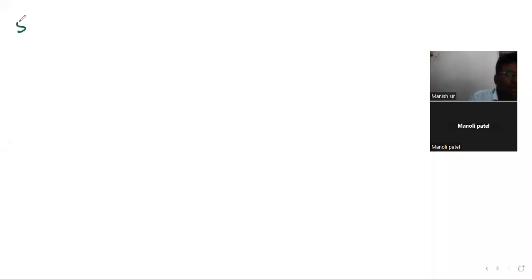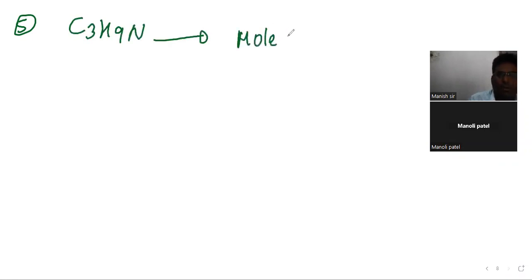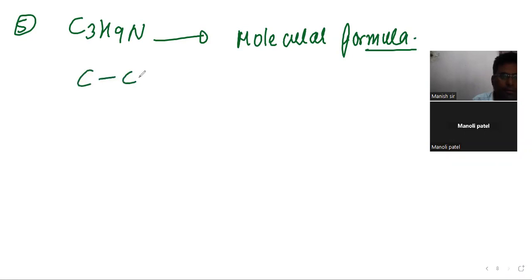Now see question number 5. The number of structural isomers possible from the molecular formula C3H9N. This is the molecular formula given to you, so you can draw the structure like this. There are 3 carbons, 1, 2, 3, and one nitrogen.